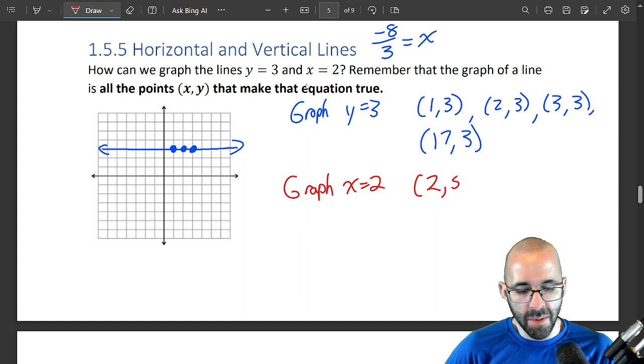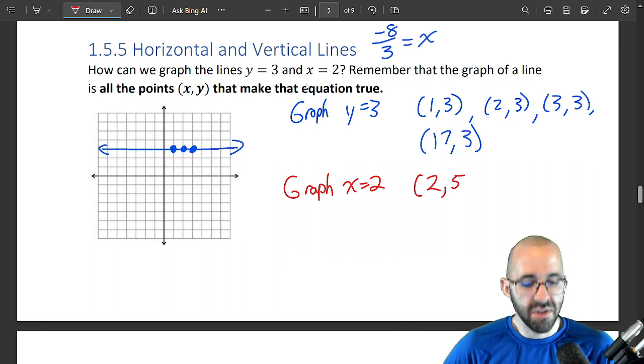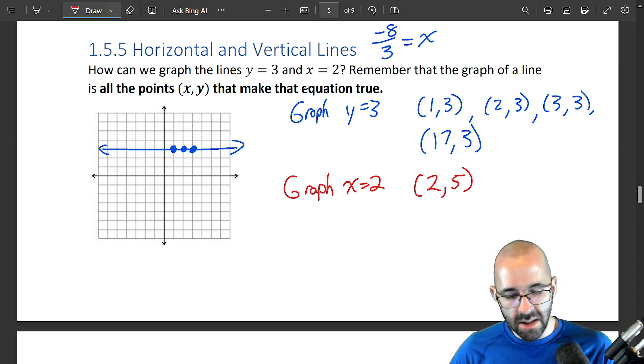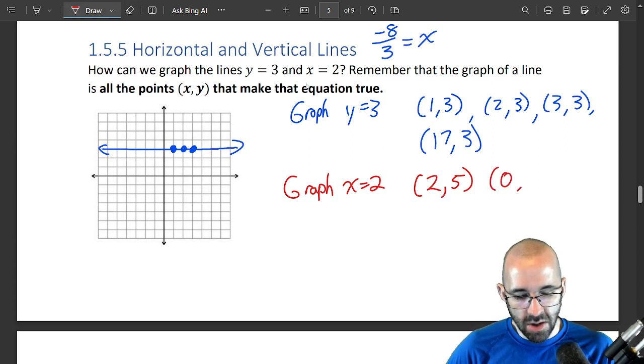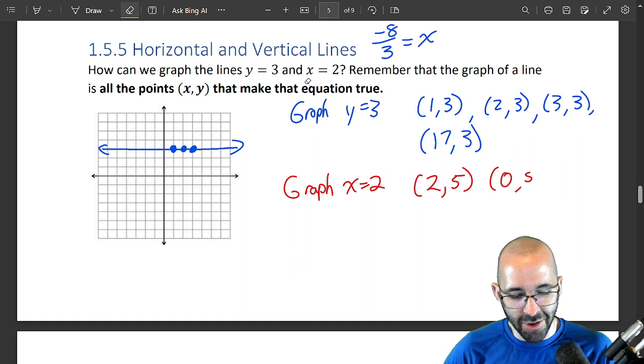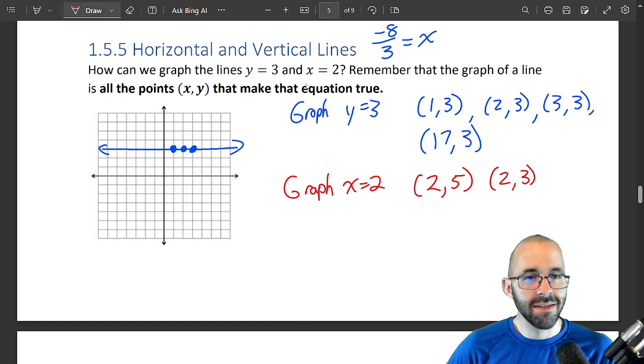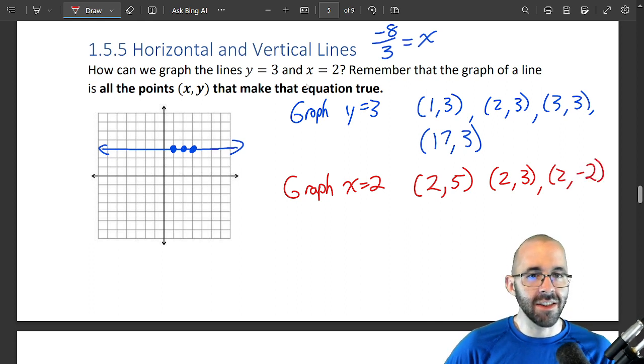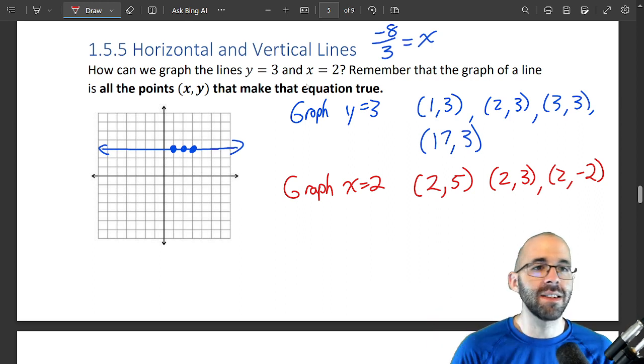So the point (2, 5) satisfies it. Let's see, (0, 3)? Whoa, that doesn't satisfy it. (2, 3) satisfies it. (2, -2) satisfies it. All these points satisfy the requirement x equals 2.